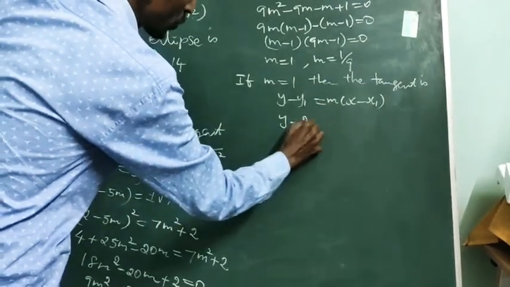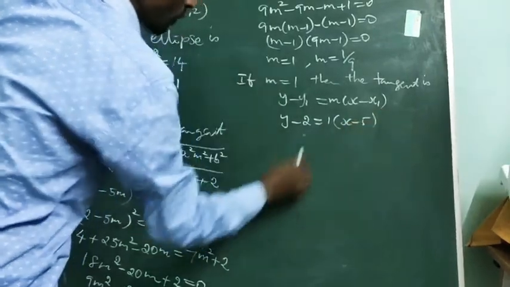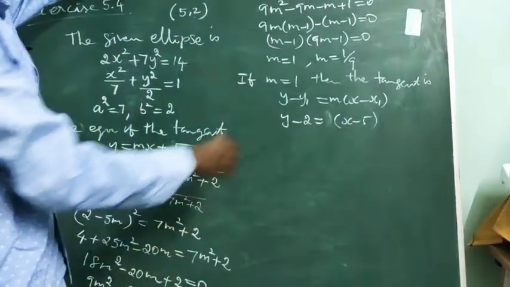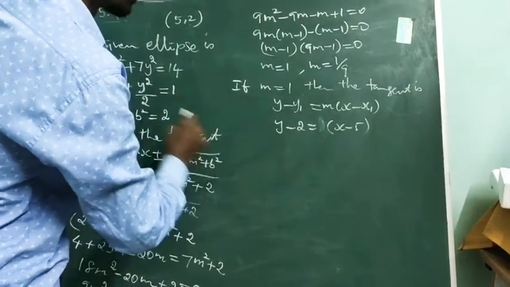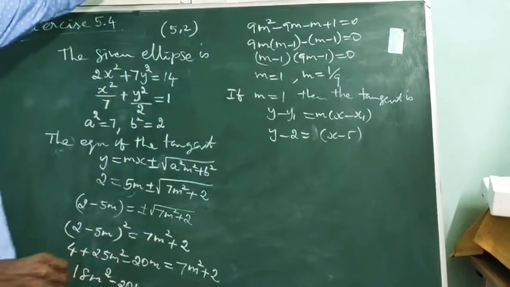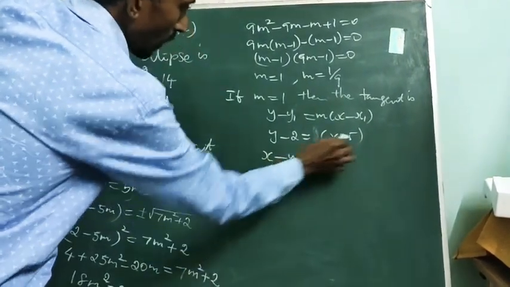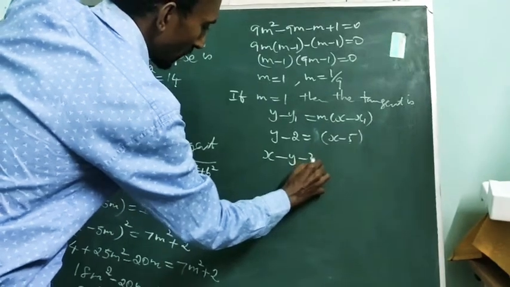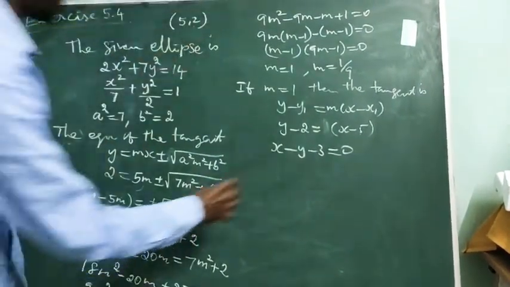And m is 1. So y minus 2 equal to 1 into x minus 5. Okay, so change the side. X minus y minus 5 plus 2, minus 3. So x minus y minus 3 equal to 0. Once again the second one.